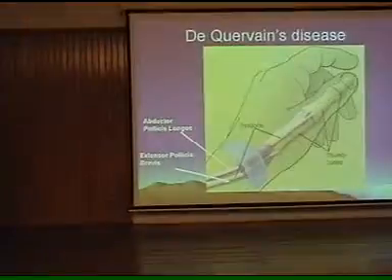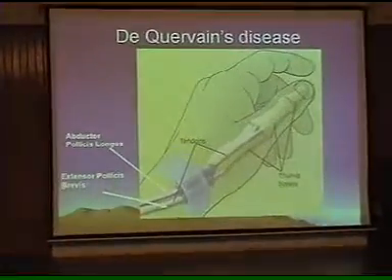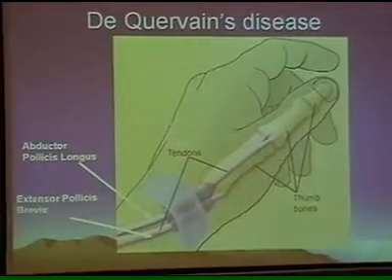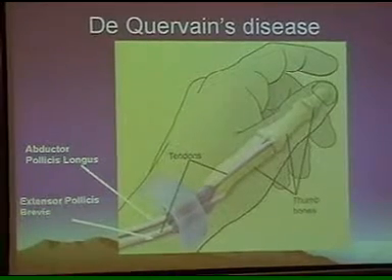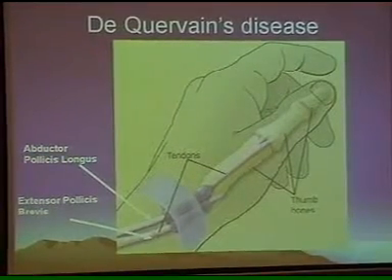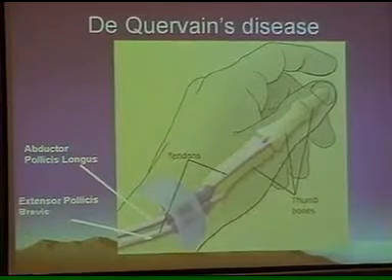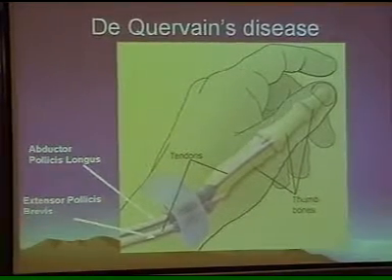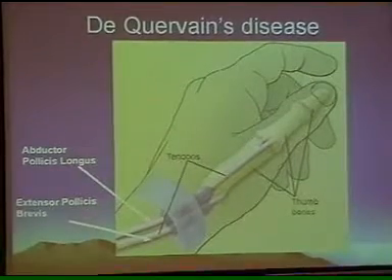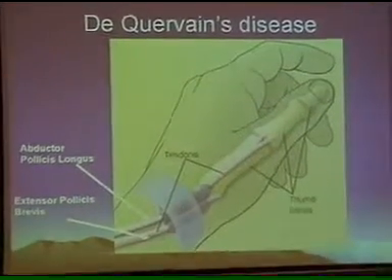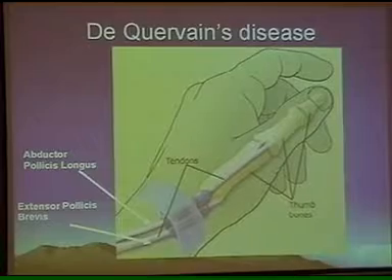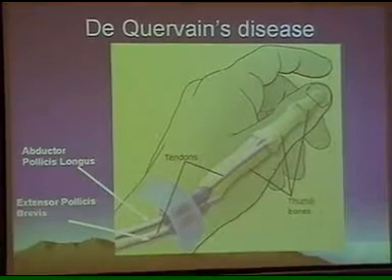Next, please. The next common problem which we encounter in our practice as a general practitioner or even as an orthopedic surgeon is De Quervain's disease. De Quervain's disease is basically the thickening of the synovium of abductor pollicis longus and extensor pollicis brevis.